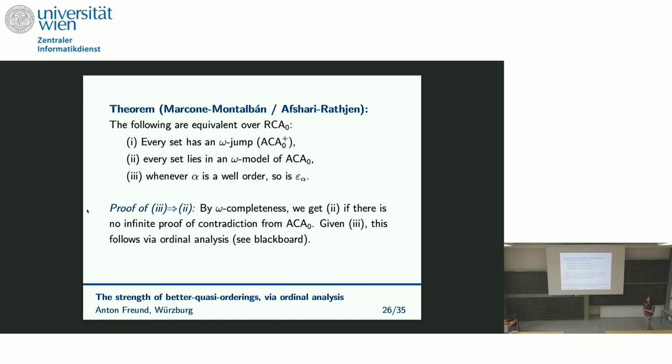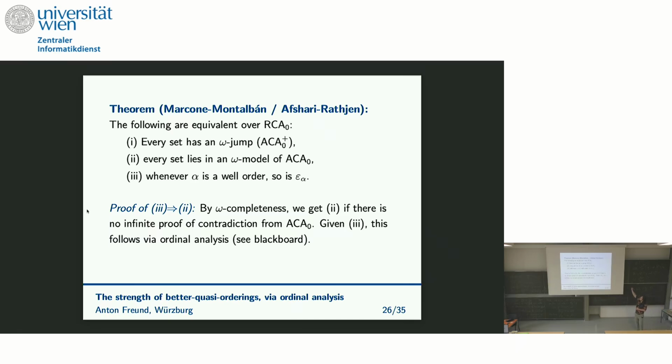And we know by completeness and soundness that having a model is the same as being consistent. Right? And now we don't just want any model, we want an omega model. So this corresponds to consistency not for usual proofs, but to consistency for omega proofs with this omega rule that we have. And there is an omega completeness result for these proofs and models.